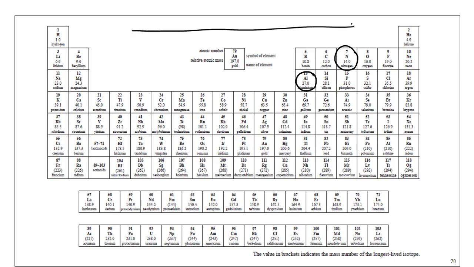So we go across a period from left to right, there is an increase in the attraction between the valence electrons and the nucleus, so the atomic radius decreases. And if you go down, because the attraction between the nucleus and the valence electrons decreases, there is an increase in atomic radius.